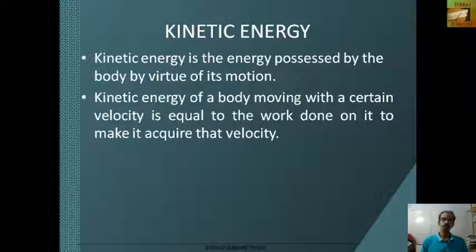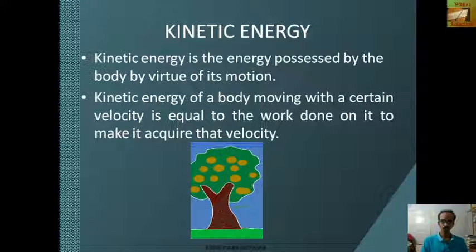Kinetic energy of a body moving with a certain velocity is equal to the work done on it to make it acquire that velocity. In this figure, we can see that a mango is falling towards the ground from a mango tree.